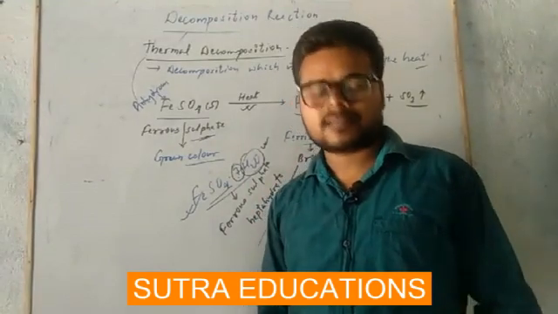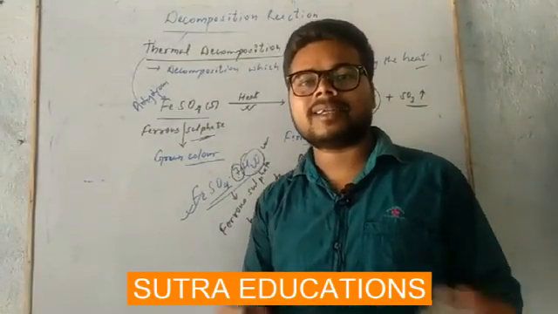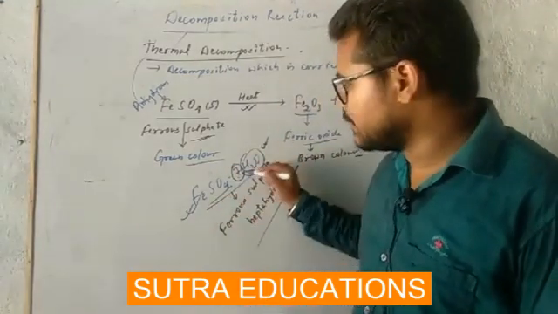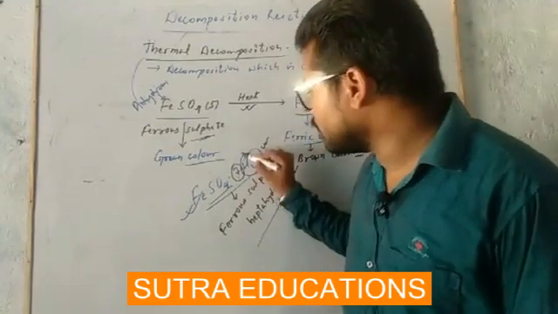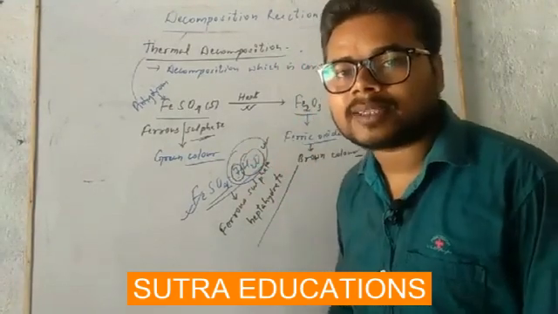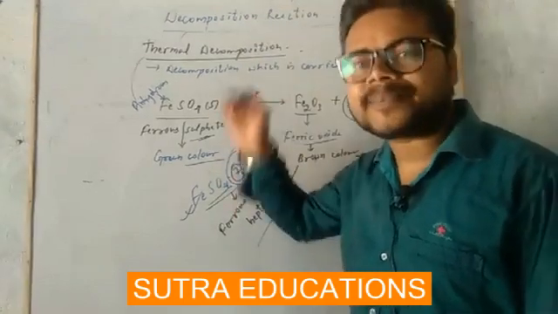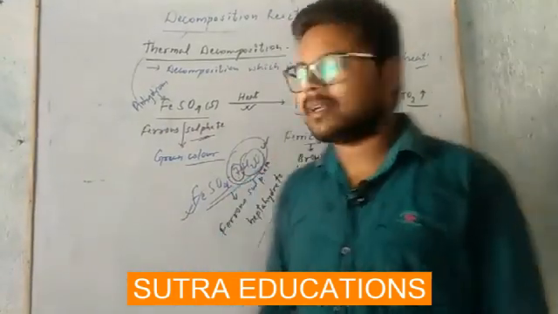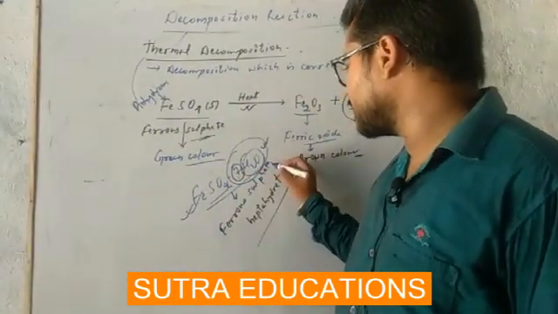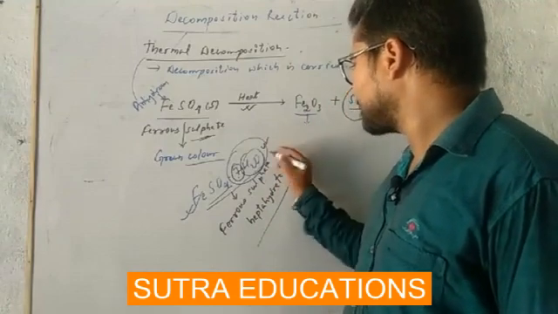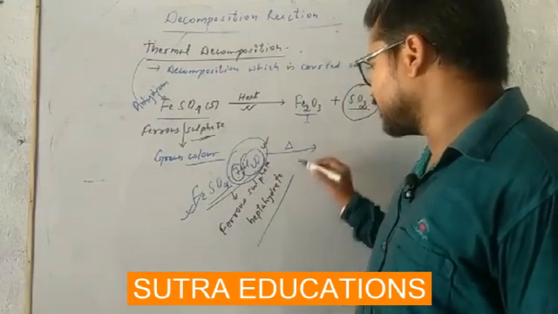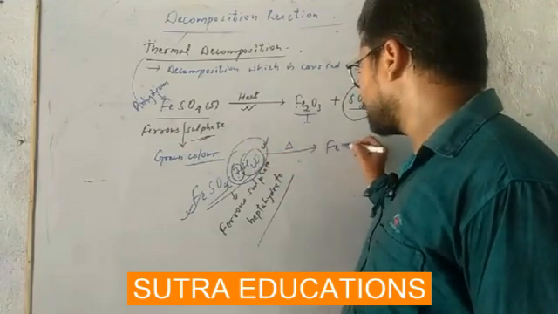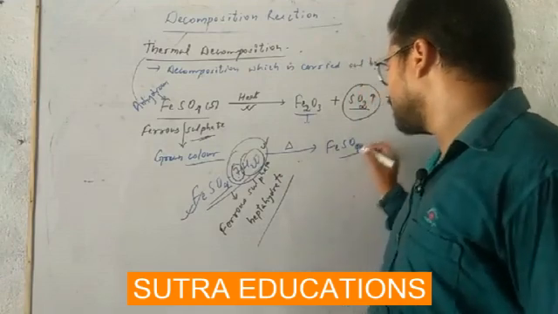When you will heat this ferrous sulfate heptahydrate, then at first what happens, the water molecule present escapes. Okay, this water molecule vaporizes, so it forms FeSO4, which is anhydrous.